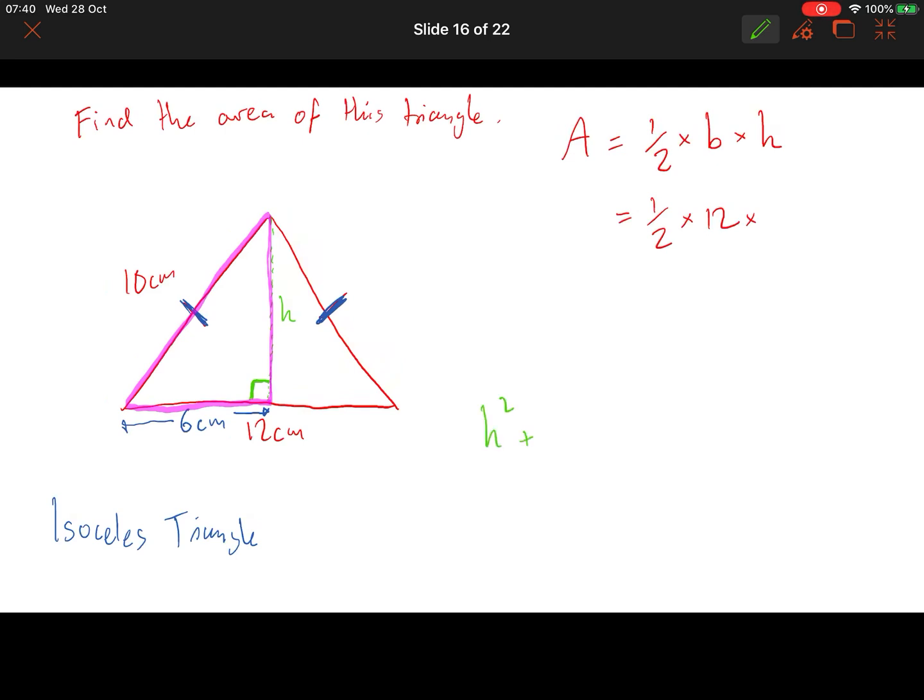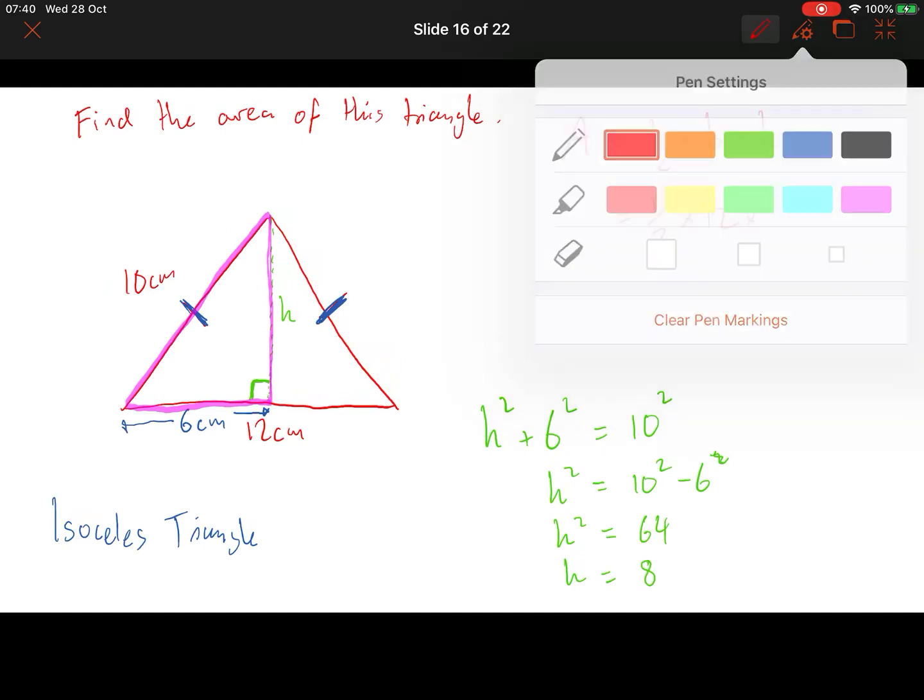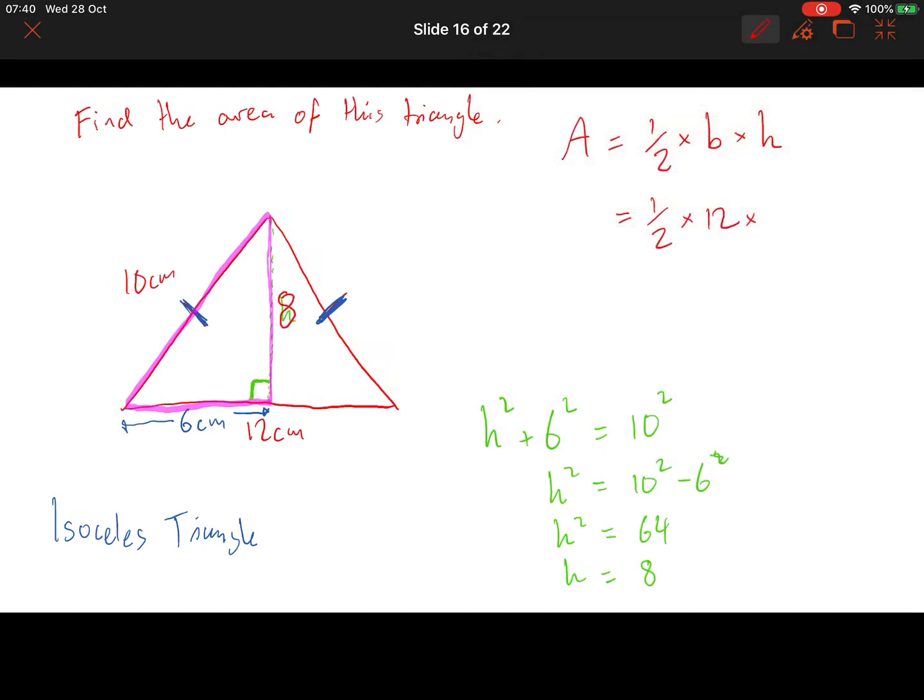Again, h is a shorter side. So h squared plus 6 squared equals 10 squared. So h squared equals 10 squared minus 6 squared. Using a calculator, I can tell that h squared is 64. So h is the square root of 64, which is 8. So the height is 8 centimetres.